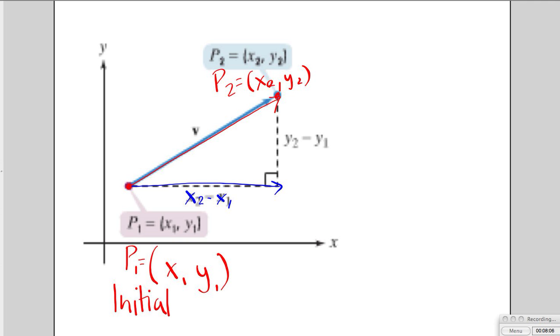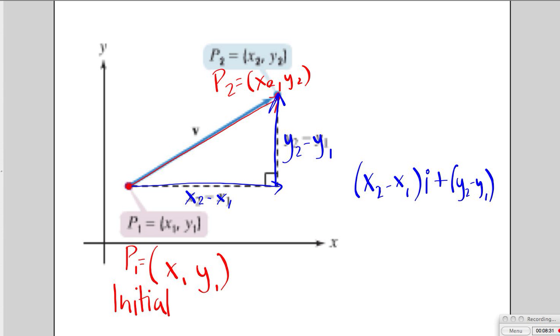So my vector v could be described as x2 minus x1 i, because i is horizontal, plus the vertical component, which is y2 minus y1. How long is that piece? It's kind of like a sloped triangle. So y2 minus y1 j describes the vertical component. That would describe my vector v.